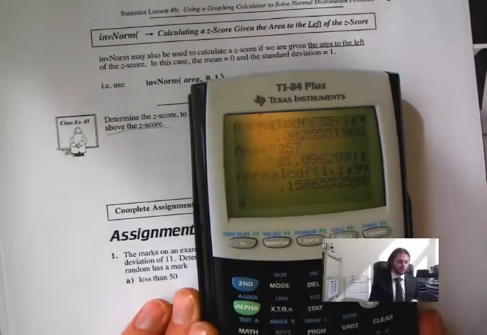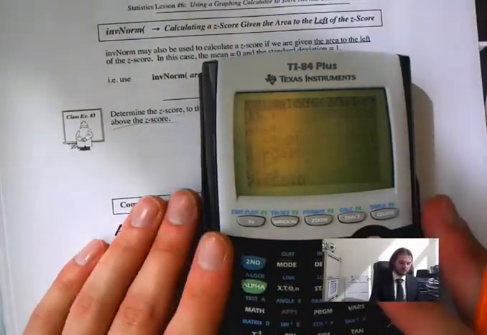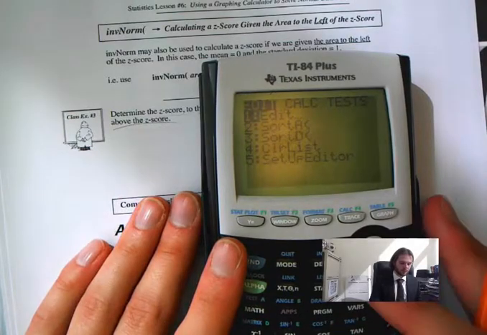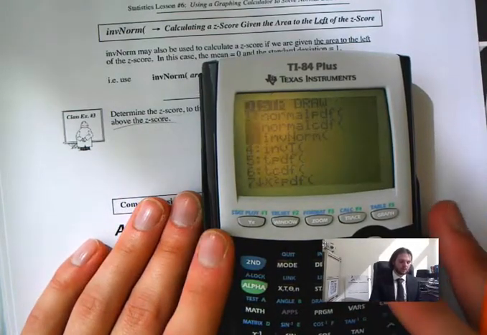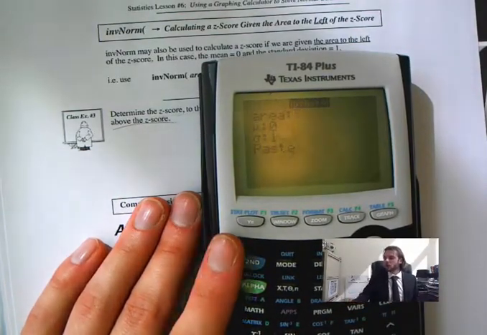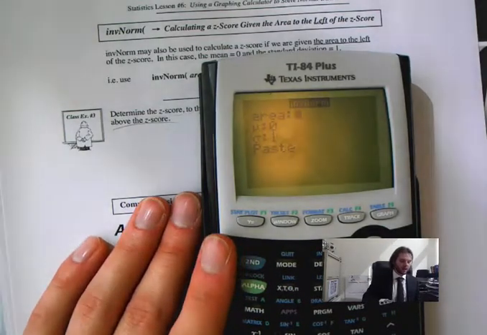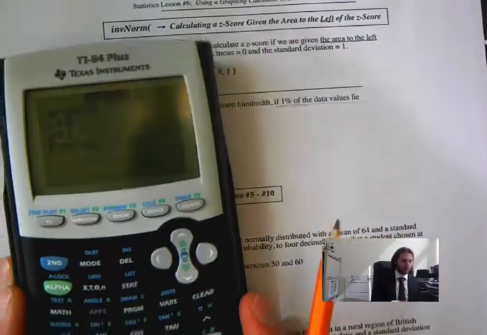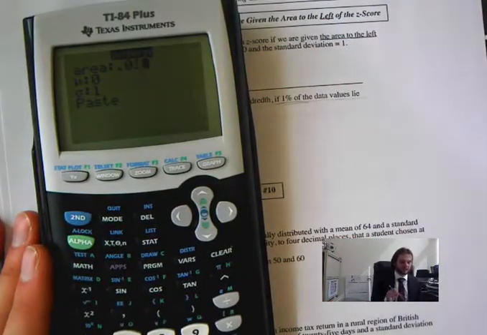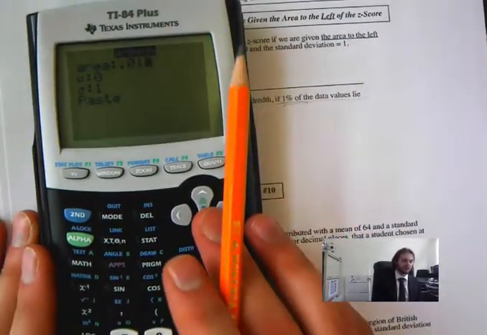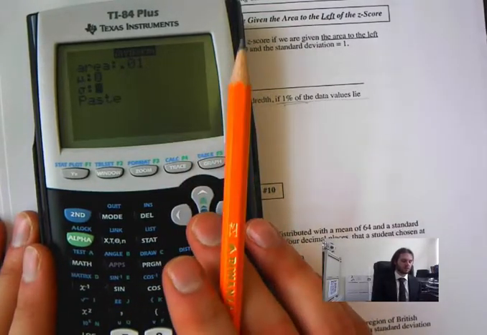Okay? So we go inverse norm. Of course, we have to go to inverse norm. And we want 1% above. So my area is 0.01, because that is 1%, right? My mean is 0, and then 1.